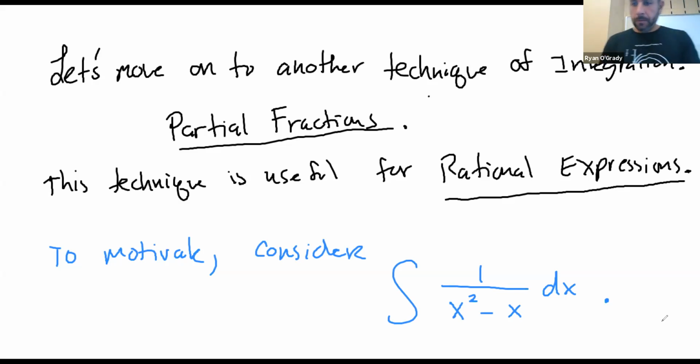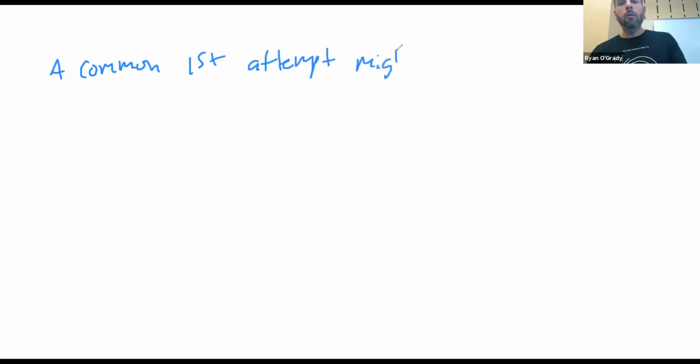So let's think of it that way. A common first attempt might be, say, y equals x squared minus x, dy equals 2x minus 1. So let's say we try this.